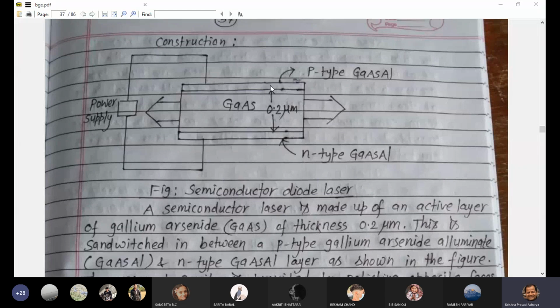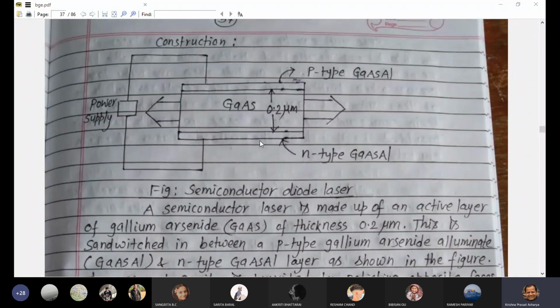This gallium arsenide crystal is sandwiched in between two types of semiconductor, P-type gallium arsenide aluminate semiconductor and N-type gallium arsenide aluminate, as shown in the figure.